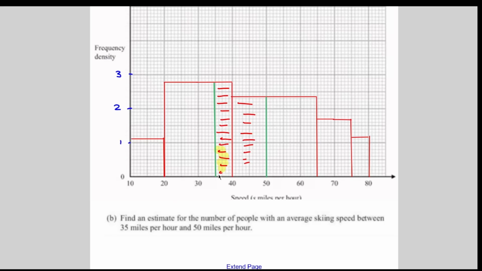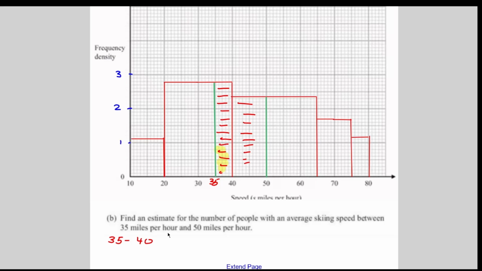Let's get the area of this one. Now this is 35. Let's get the 35 to 40 bar. So how do we get the area? This is a rectangle, length into breadth.